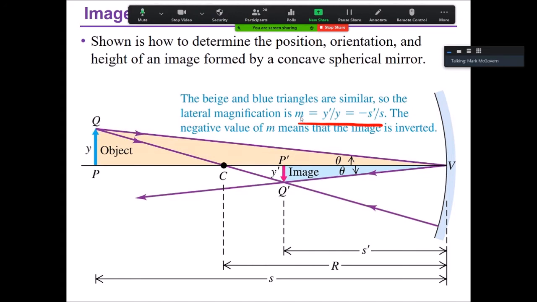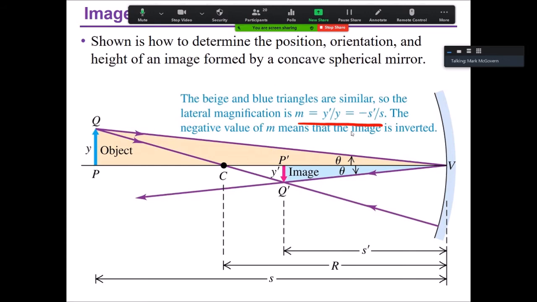So when you do magnification, a number that's bigger than 1 is obviously an object that has been magnified to be larger. If the value for m is less, that's going to indicate that the object is going to look smaller. And if there is a negative sign, okay, that's going to indicate that the object is inverted.